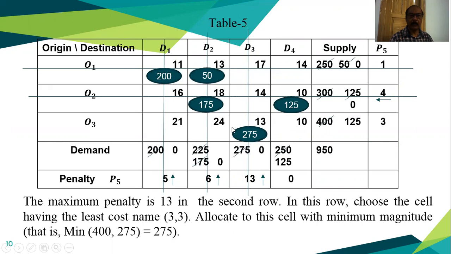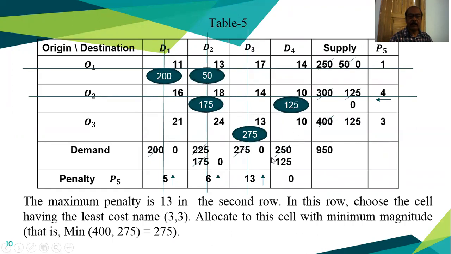After allocating the 275, how much is left here? 125. And the demand is totally exhausted, 0 is left. So after calculating the penalty, we got 5 allocations. The rest is pending, one cell.